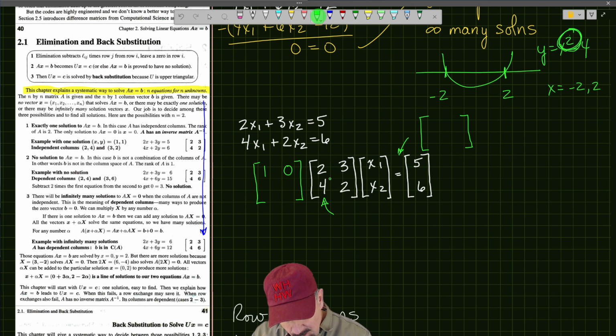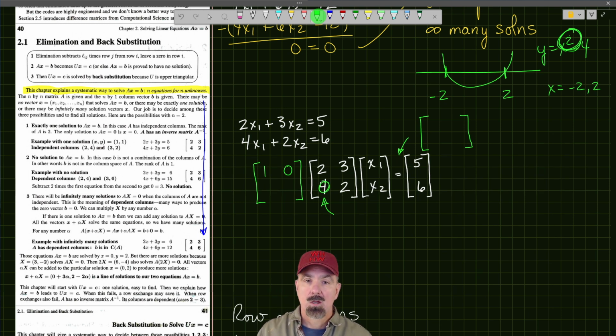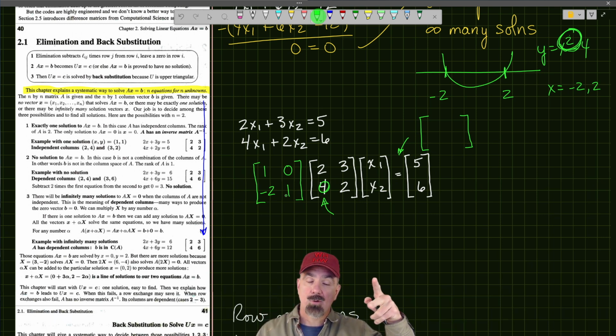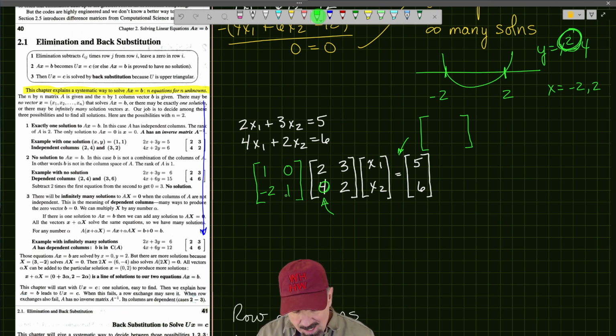And now what I need to think about is, what do I want to multiply times the top row to create a 0 after I do my multiplication? Well, that's a negative 2, 1. Right? I'm going to take negative 2 times the top row and add it to the second row. So I'm going to multiply that top row by 2 and then subtract it off from the second row, and that is going to create my 0.